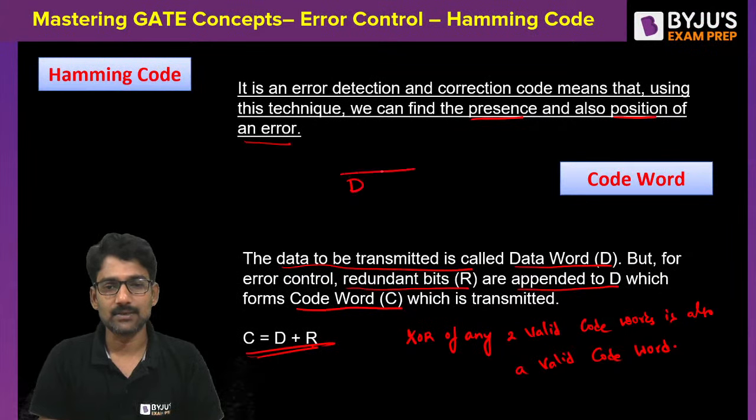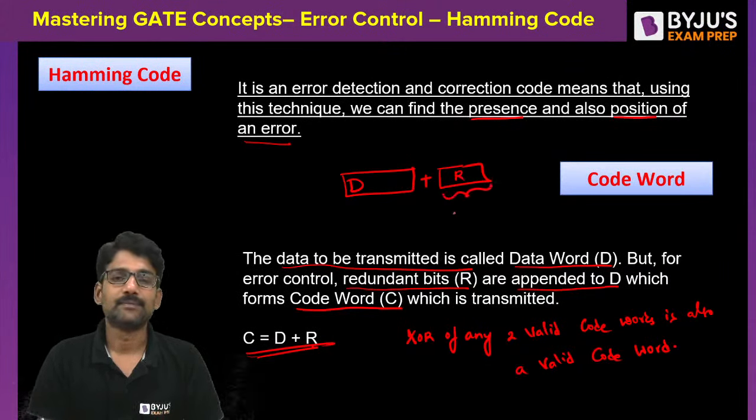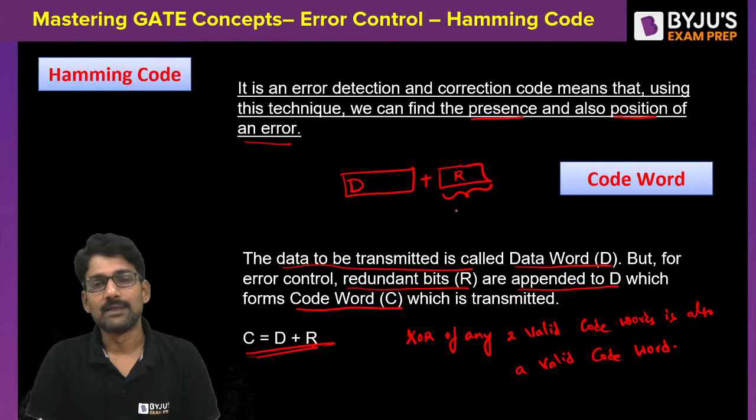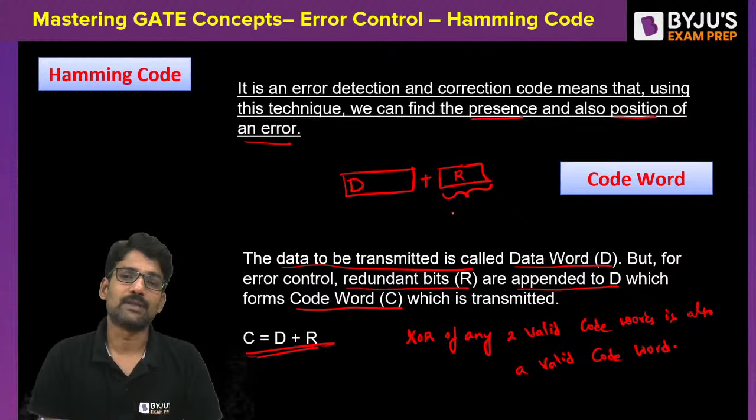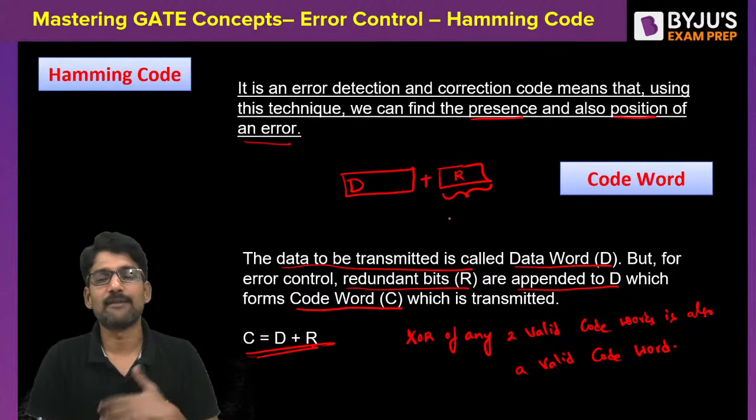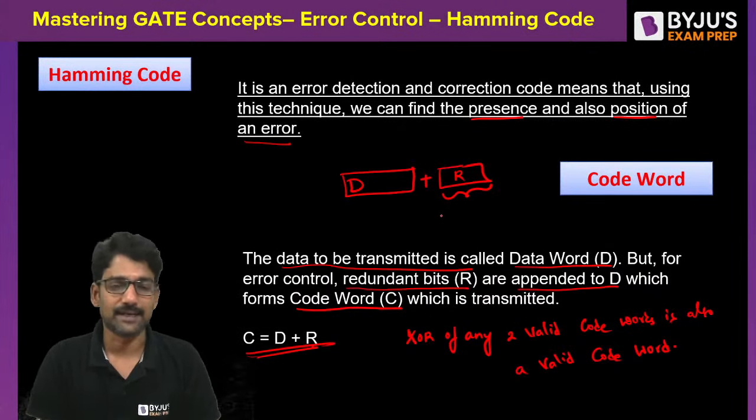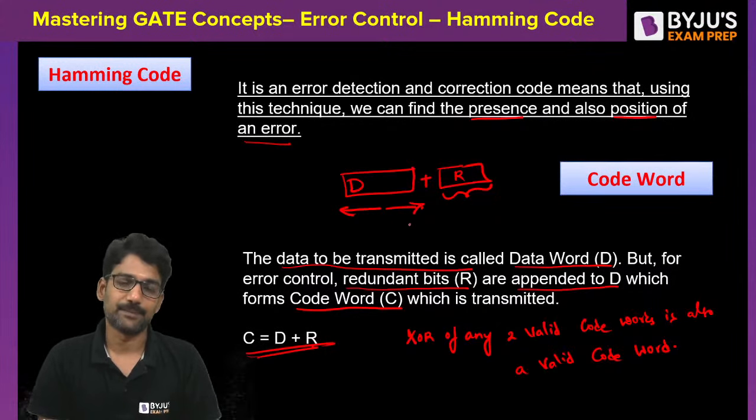Let's say this is all D, and to this, redundant bits are added. These redundant bits keep changing when we are transmitting over a network with many intermediate stations, because at every data link layer this redundant code may be freshly calculated. But this D will not change.